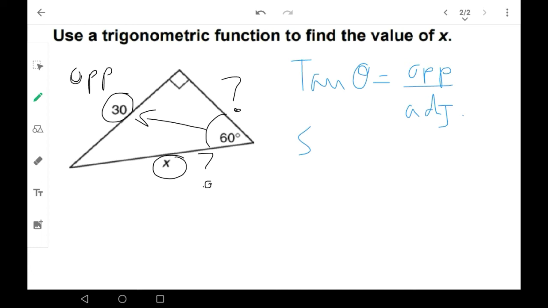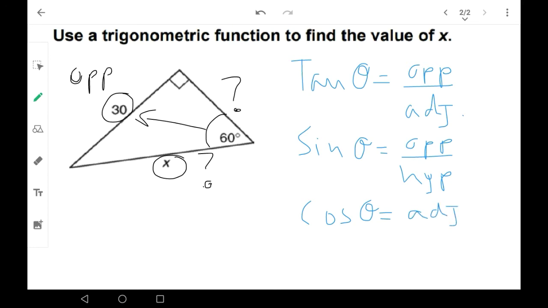We know that sine of an angle is opposite over hypotenuse, right? And we know that cosine of an angle equals adjacent over hypotenuse. Okay, so let's see which of these three is the best that we can use to solve this triangle.